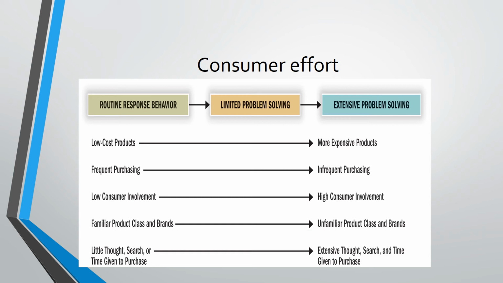Hey, by the way, when you run by the store, get me some hairspray. You don't use hairspray, or you don't use that particular brand. Low consumer involvement versus high consumer involvement. Is it a familiar product or an unfamiliar product? Does it require a little thought or a lot of thought? These are all elements that can influence a purchase.